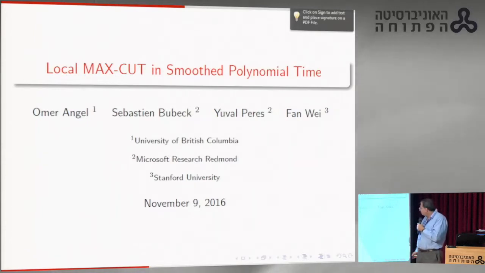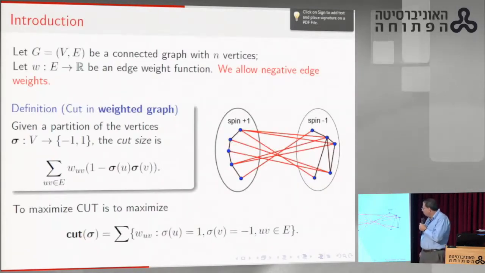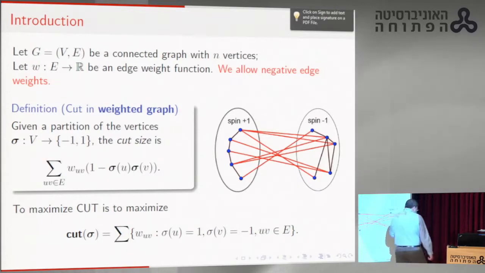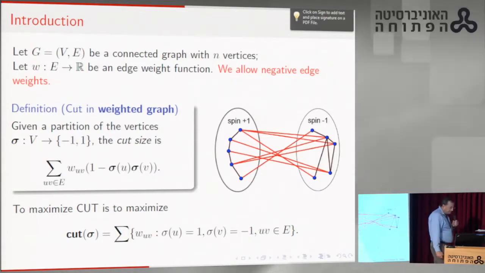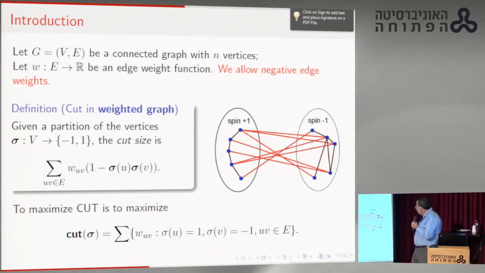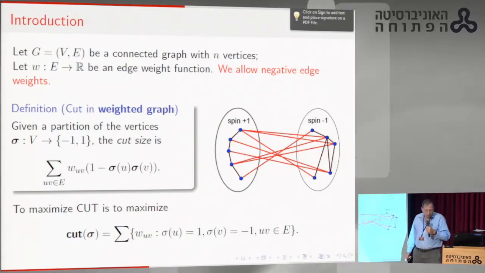So the problem is one of the most famous ones, max cut, and I emphasize it will be weighted. We have a graph with n nodes, and we have weights on the edges.